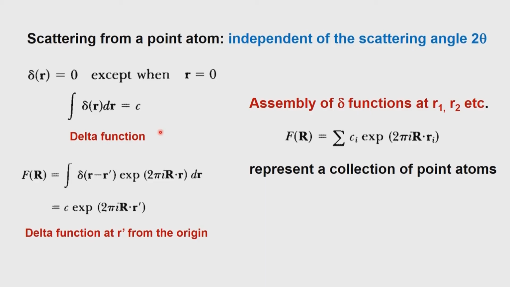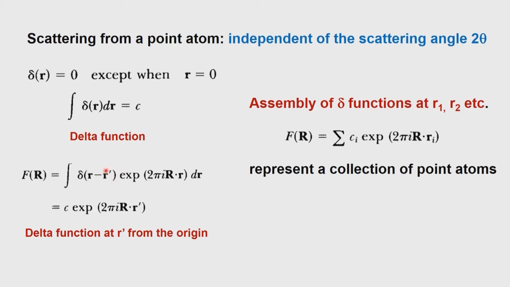Now what happens if there is an atom which is situated not at r equals 0, but away from r equals 0? We now see that f of r can be written as the integral of delta of r minus r prime. Now the phase factor comes in. How does it come in? It comes in because the point atom is not at the origin, it is removed by a quantity r prime.